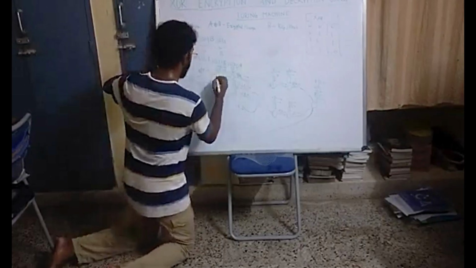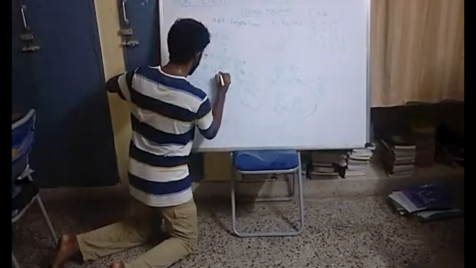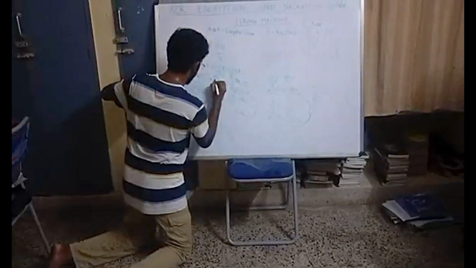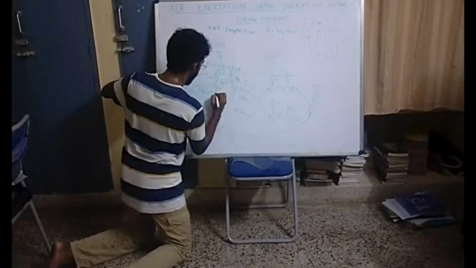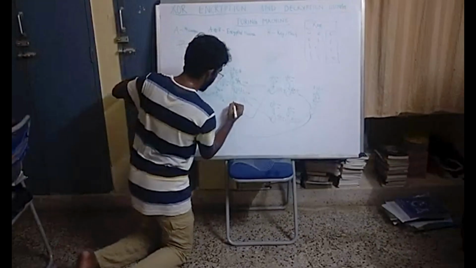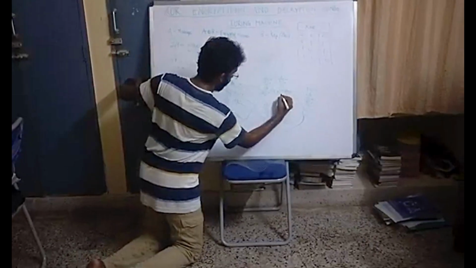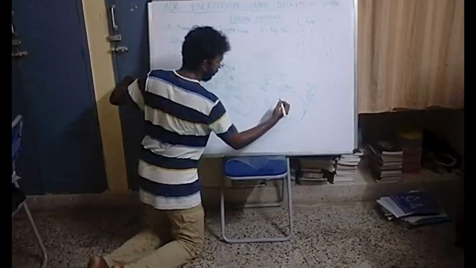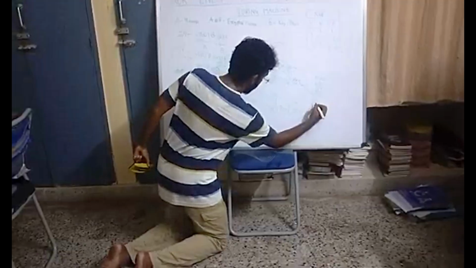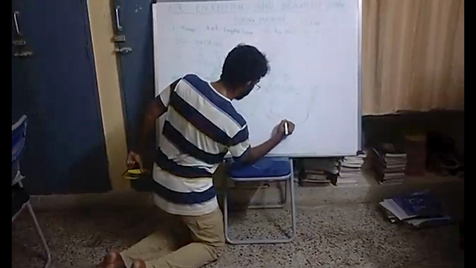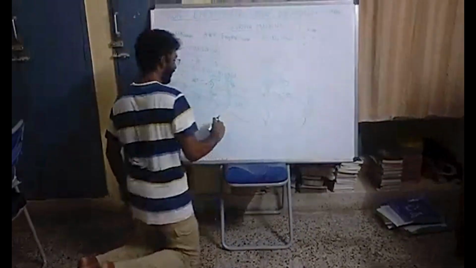So we can name these states. We name this B, C, D, E, F, G, H, I, J. We have named the states.